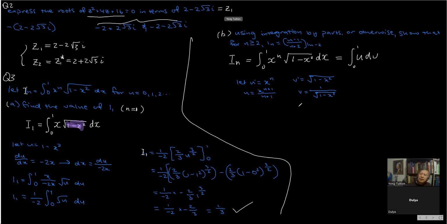So what is it according to integration by parts? You know that that's equal to the product of these two minus, just swap these two, v du.